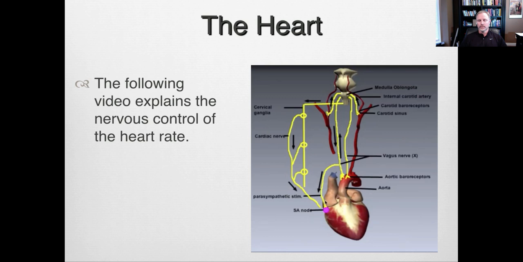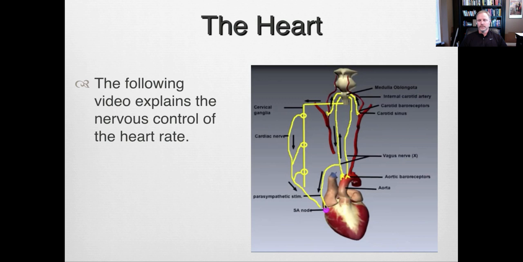What this will do is release acetylcholine, and acetylcholine will have an inhibitory effect on the SA node and slow the heart rate down. Okay, so if blood pressure is too high, a correction signal can be sent down the vagus nerve via parasympathetic fibers, which release acetylcholine on the SA node and slow the heart rate down.